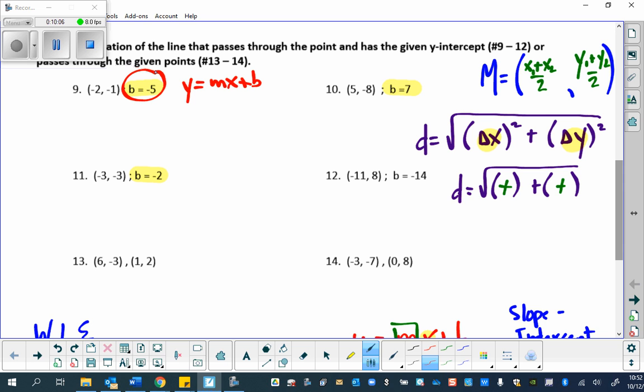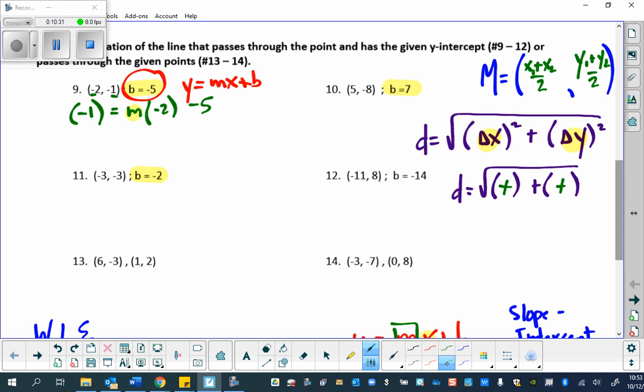I have an x, I have a y, and I have a b. So negative 1 is equal to my slope times my x value minus my 5. Now that I have my stuff plugged in, I know that that's how I'm going to be able to find my slope.